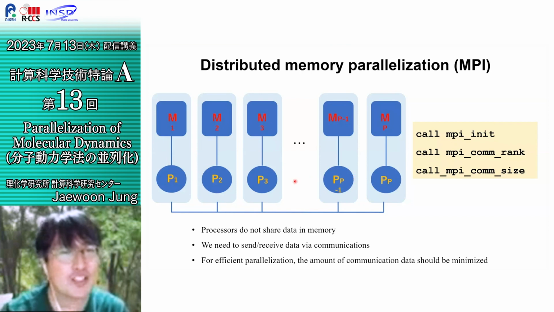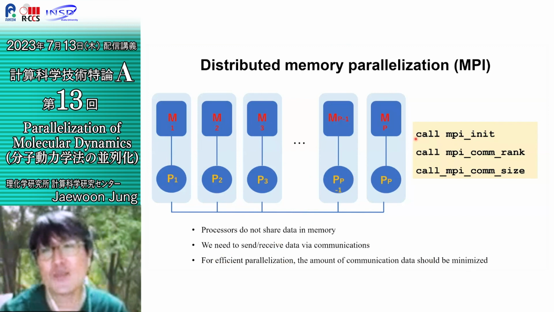So matching between sending and receiving is very important. Also, for efficient parallelization, the amount of communication data should be as small as possible. In the case of MPI, we usually start from MPI_Init, and we call MPI_Comm_rank. From this, each processor understands its rank, and they also understand how many processors there are.